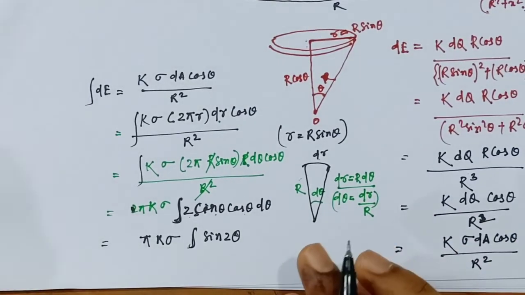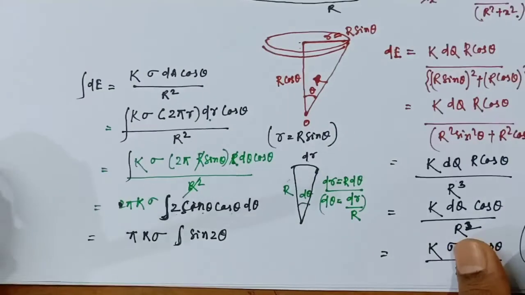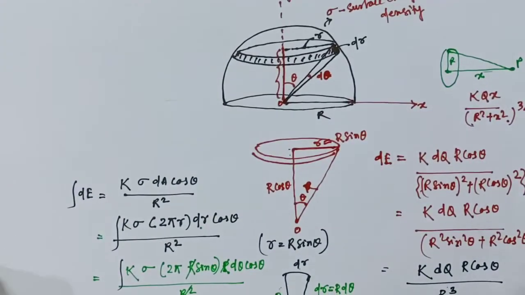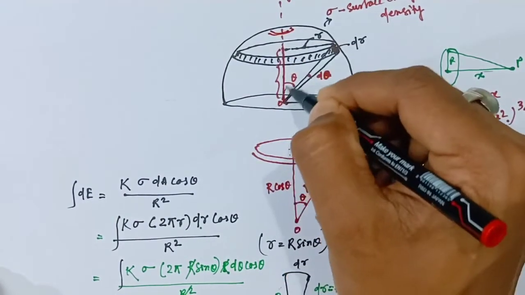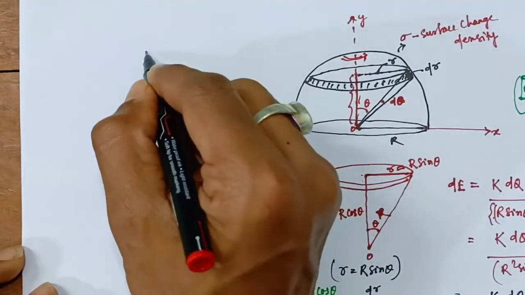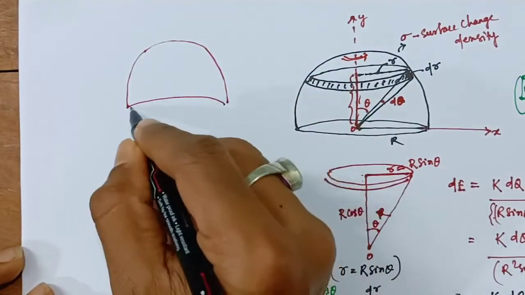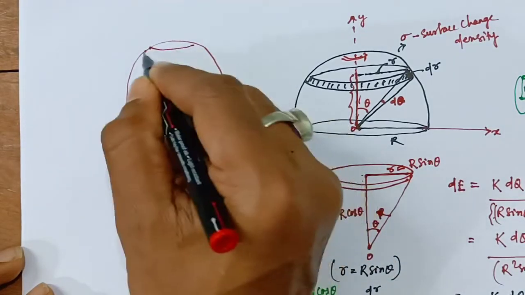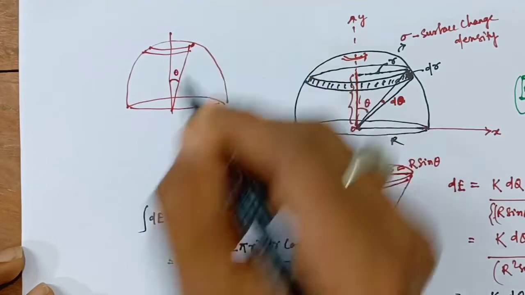Now the question arises, what is the limit of the integration? If you observe carefully, what should be the limit? This is the hollow hemisphere. If I consider my element here, the theta is like this.